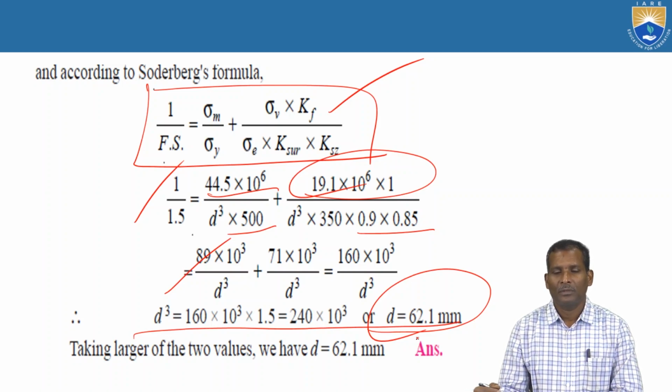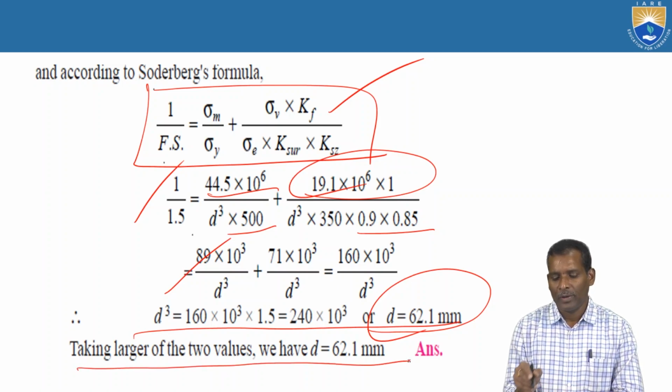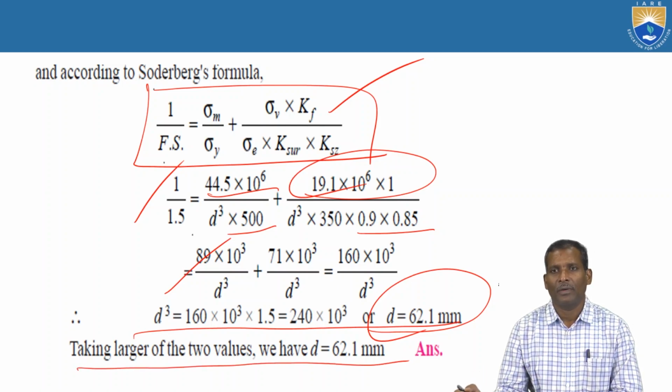So now find the larger value of the above two calculated values. Take the larger one and fix it as the final diameter. Taking the larger of the two values, 62.1 is the larger value.